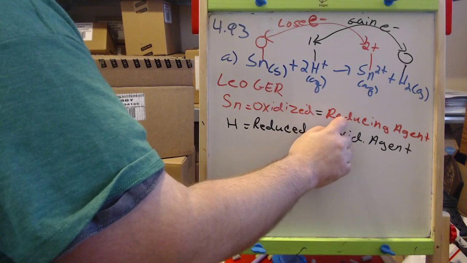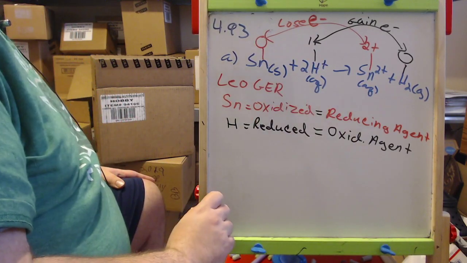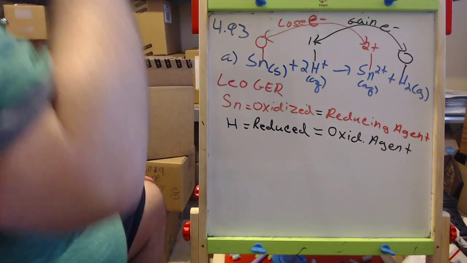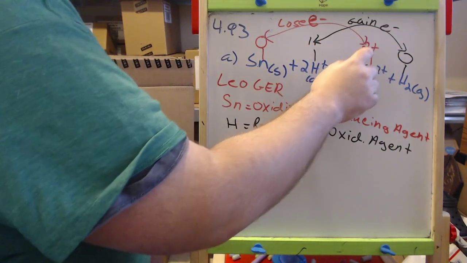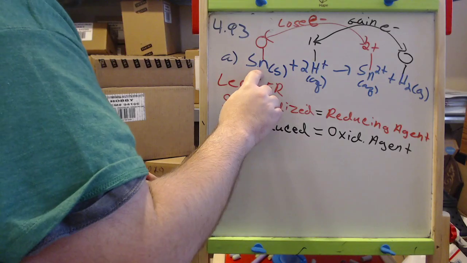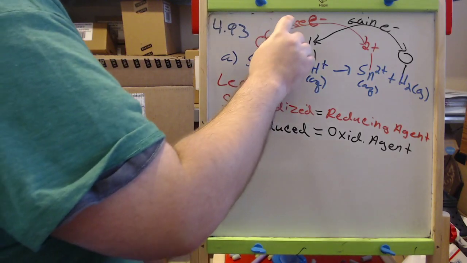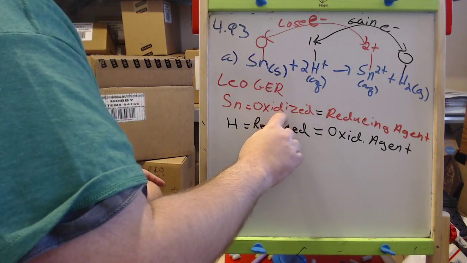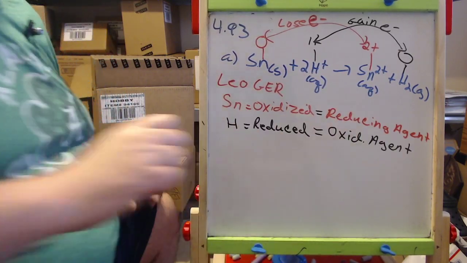So that's why it's called the reducing agent. Hydrogen is gaining electrons, so it's reduced. But where is it gaining it from? It's gaining it from tin, which is making tin lose them, which is oxidizing tin, which is why it's the oxidizing agent.